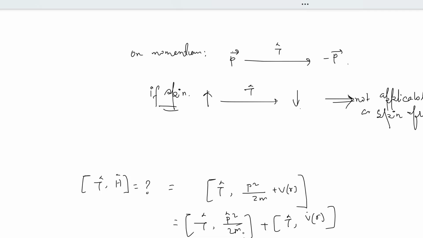So 1 by 2m, a constant, can come outside, and T and p squared will give you T, so you can decompose like that.